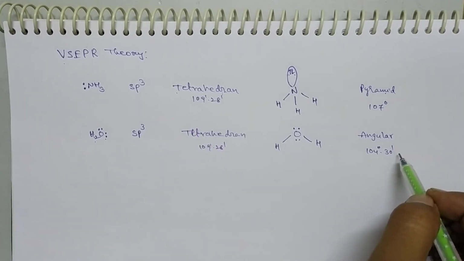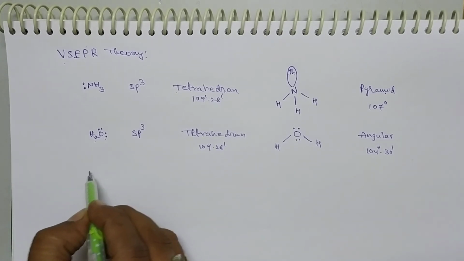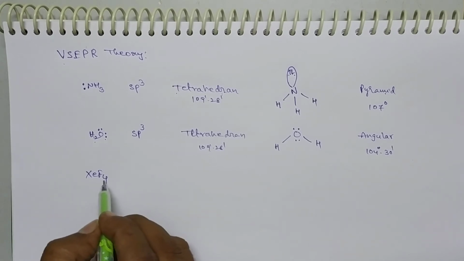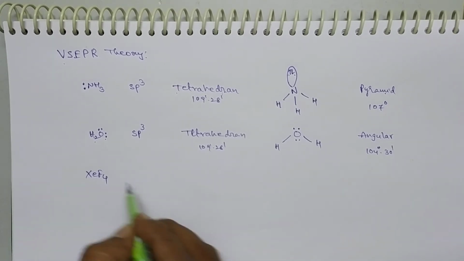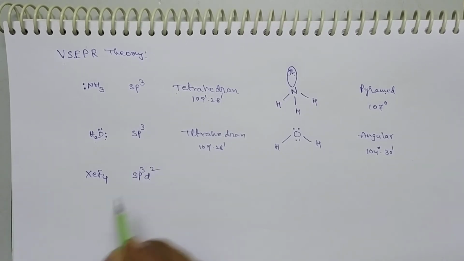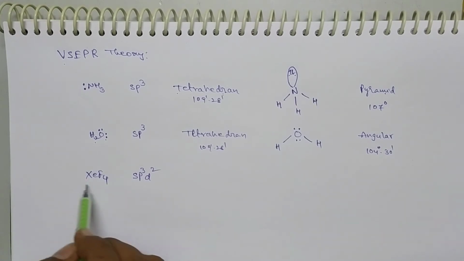And let us consider another example, XeF4, xenon tetrafluoride. In xenon tetrafluoride, the hybridization will be sp3d2, because the number of valence electrons for xenon is 8.